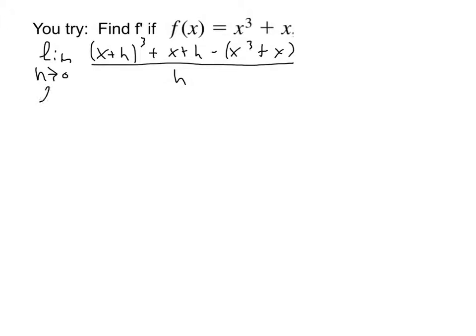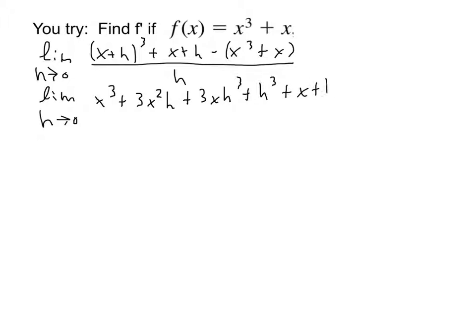which is equal to the limit as h goes to 0. Use Pascal's triangle, we get 1x cubed plus 3x squared h plus 3xh squared plus h cubed plus x plus h minus x cubed minus x, all over h.